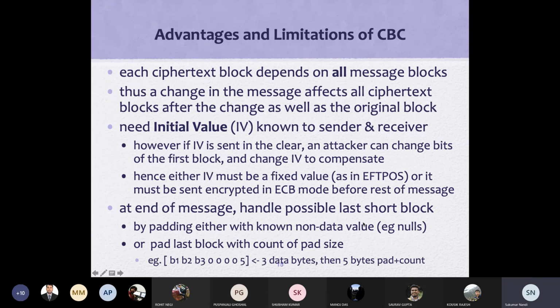So indirectly, in both ECB and CBC cases, when I encrypt the plaintext file, the ciphertext file size may become larger, because the plaintext file, block by block, may not be a multiple of 64 bits or 128 bits, depending on the scheme used.